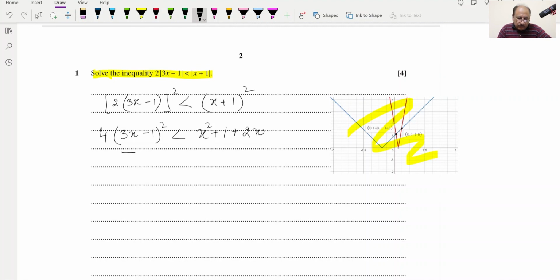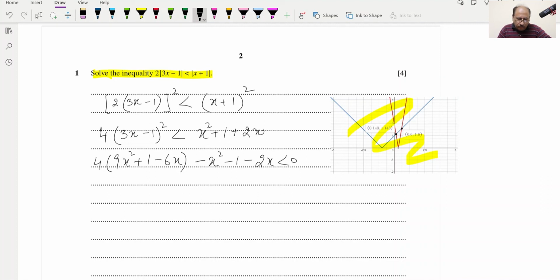Further we can open this square as well, so it will be 4 into 9x squared, a squared plus b squared will be 1, minus 6x, 2ab, is less than. We can shift these to this side, so minus x squared minus 1 minus 2x is less than 0.